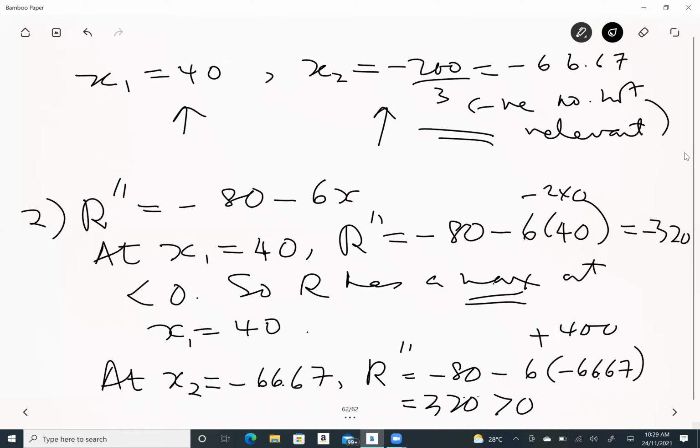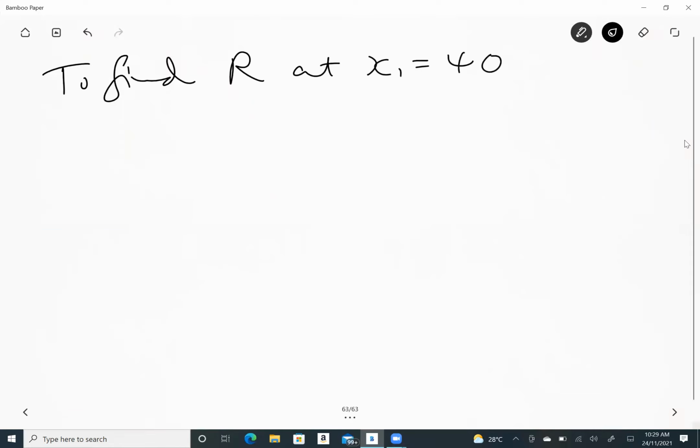So you know that the revenue is maximum at x1 equal to 40. Now what you want to find is the value of R at x1 equal to 40. What is revenue at 40?